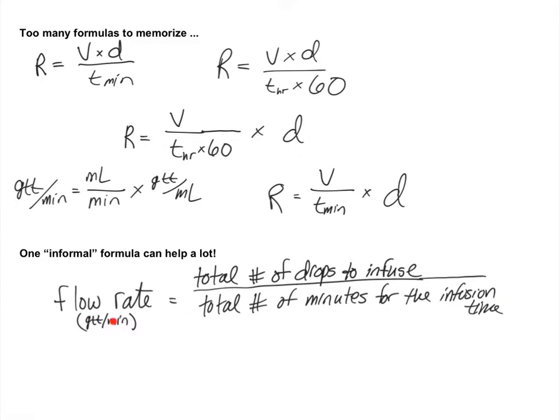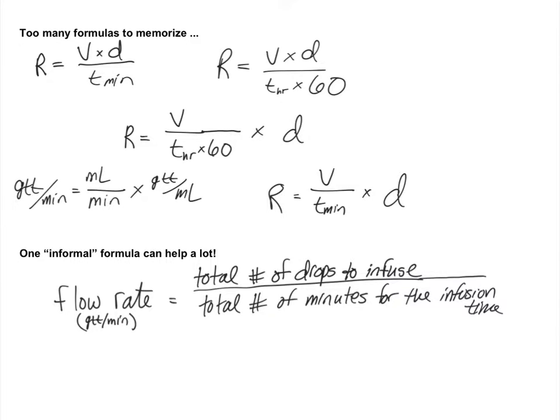A flow rate: when we see the word rate, we often think about a measure over time. When we think about miles per hour, that is a rate. We think about a flow rate in milliliters per hour, or pounds per second is another one. There's lots of rates that we see on a daily basis. With a manual gravity set, what we need to think about are drops over minutes.